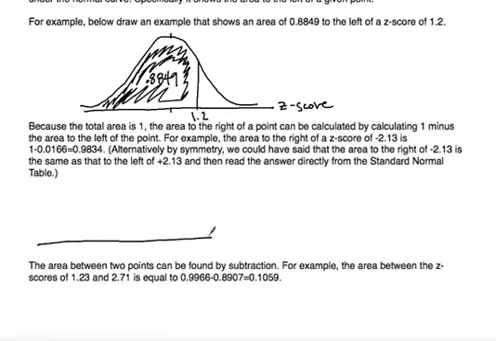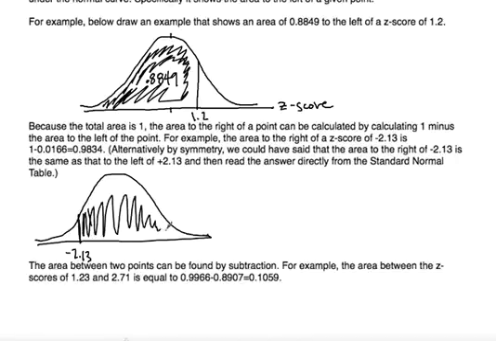If you were looking at this, you'd have your normal curve. If negative 2.3 was the center, 1 and then 2. So we'll estimate it to be about there, negative 2.13. We need to find the area to the right. So what we can do is find the associated value for the area to the left.